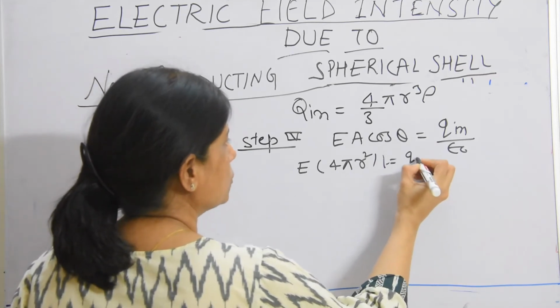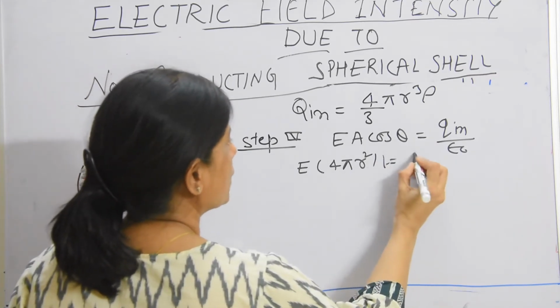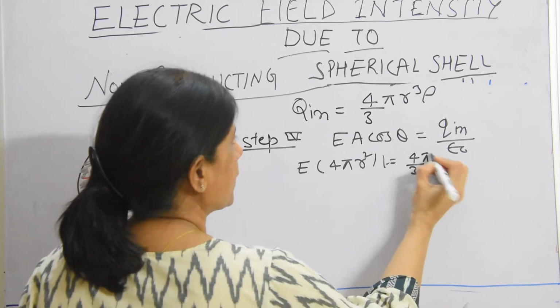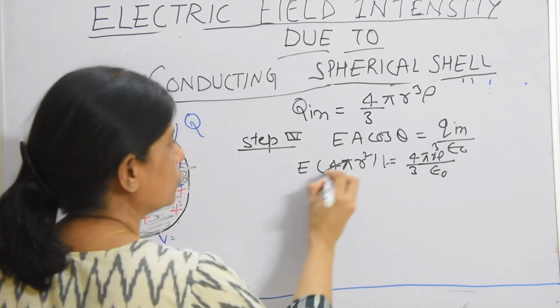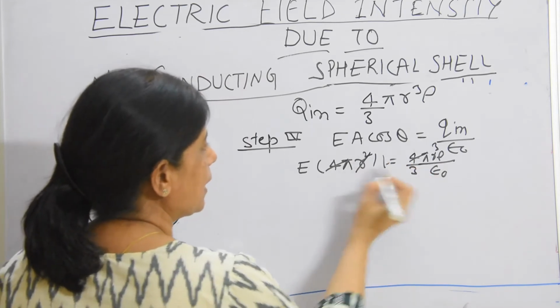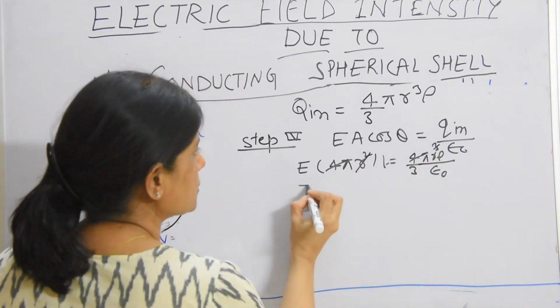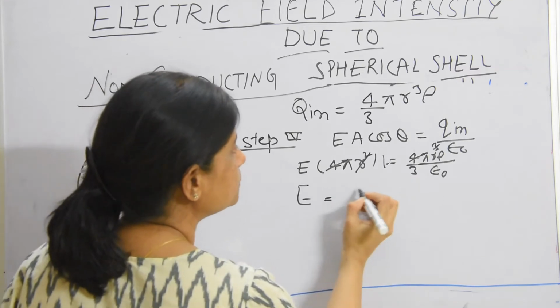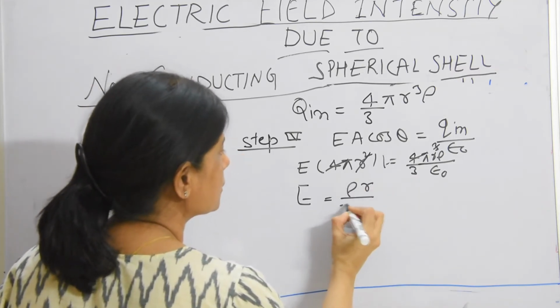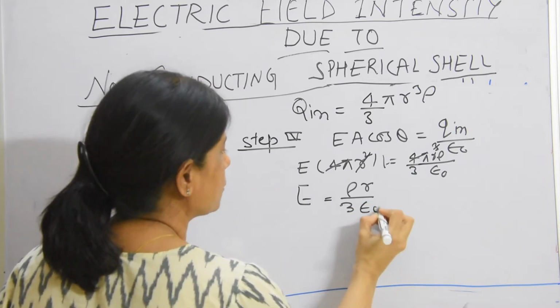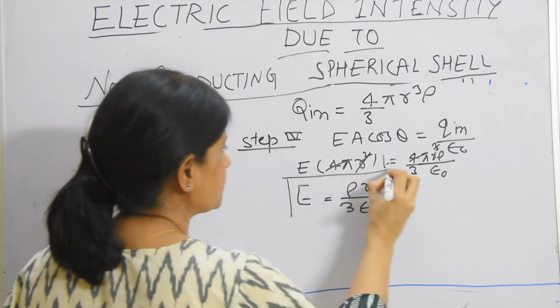Q in is 4 upon 3 pi r cube into rho, divided by epsilon naught. 4 pi and 4 pi cancel, and one power of r cancels. So E is equal to rho r upon 3 epsilon naught.